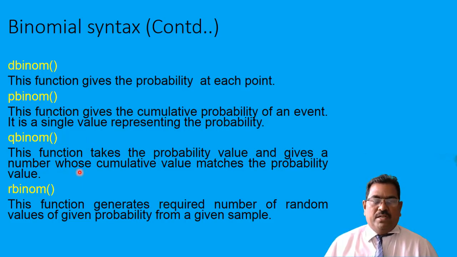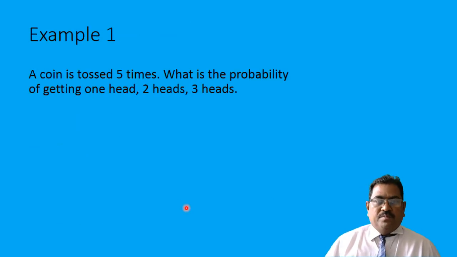For a given probability, it is the opposite of dbinom or pbinom. And rbinom is used to generate random numbers for a given binomial distribution. Now we'll start with the example.